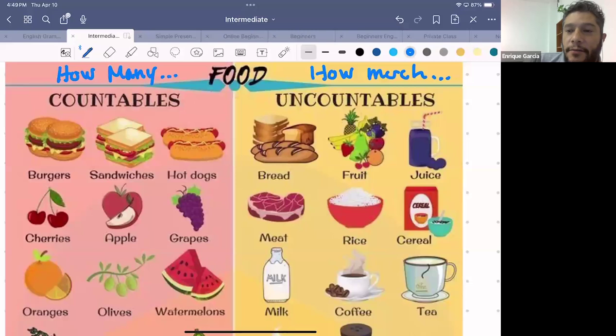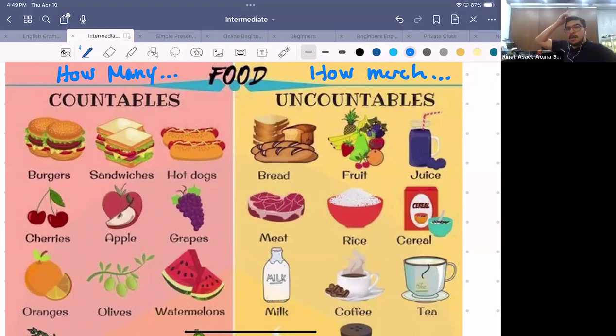O sea, tenemos que tener como un parámetro contable para que se vuelva contable, cuando lo empiezas a cuantificar: un kilo, una moneda. Por ejemplo, el dinero, money is not countable, ¿sí? $1, one coin, one peso is countable, pero ahí estás hablando del peso, el dólar, el centavo.